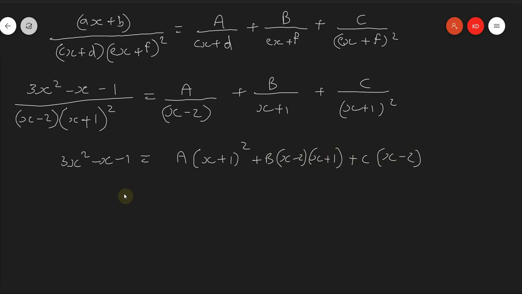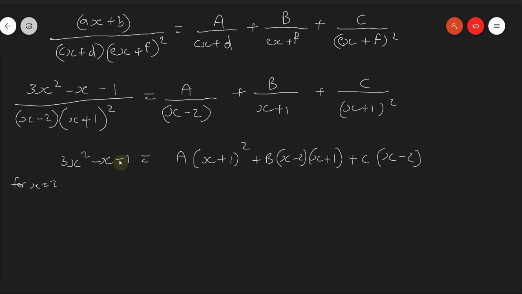Good. So now we can just proceed, choose our preferred values that work in our favor. So looking at this, it would be nice to choose x equal 2. So let's say for x equal 2, as you can see, choosing x equal 2 would cause the c to cancel and the b to cancel, leaving us with just the a.